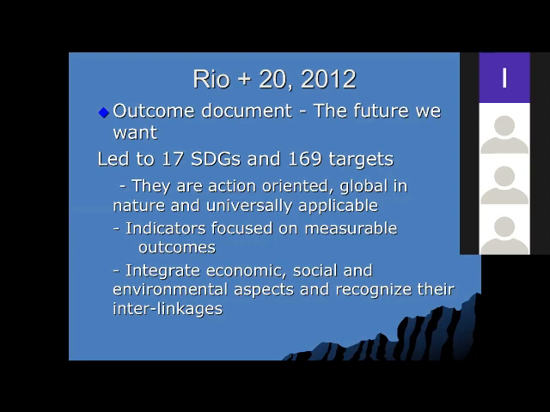So this document led to 17 sustainable development goals and 169 targets. These targets and goals are action oriented, they are global in nature and universally applicable. Now, indicators are focused on measurable outcomes, should be measurable, and also integrate economic, social, and environmental aspects and recognize their interlinkage.